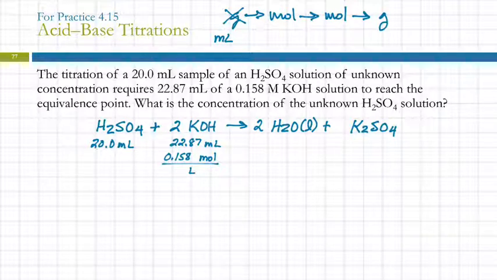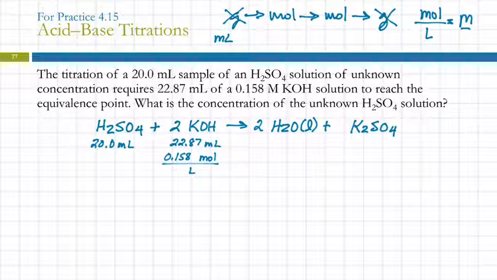And then at the end, what am I trying to find? The concentration in moles per liter. So do I need grams at the end? No. I need moles, and then I'm going to divide the moles by the volume in liters to get the molarity.